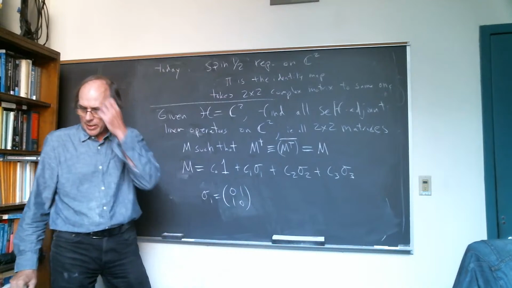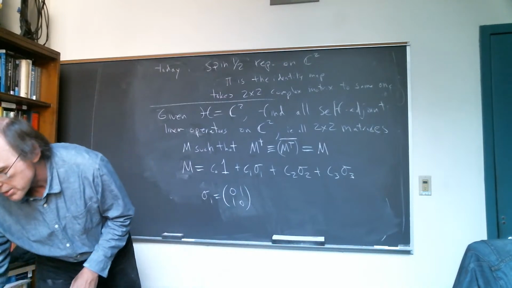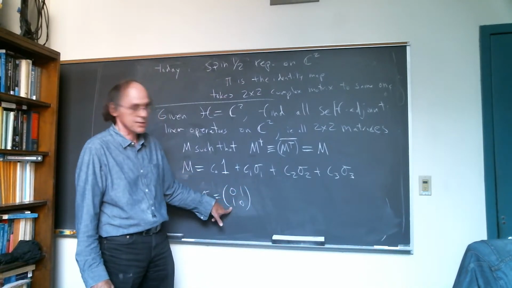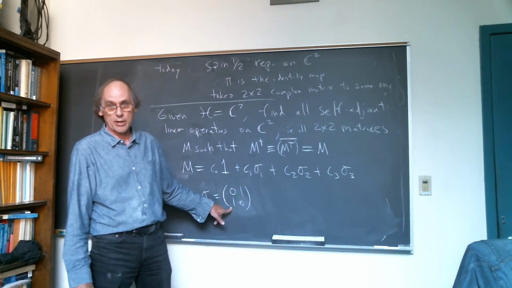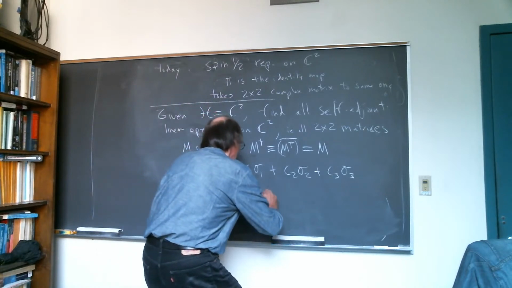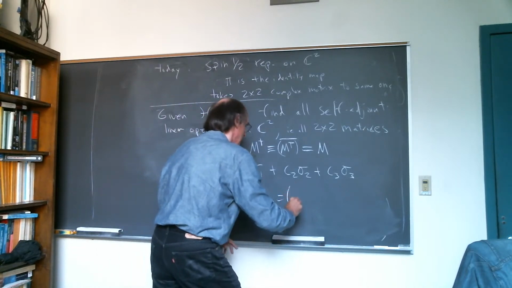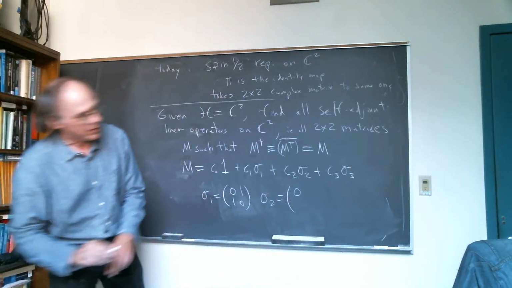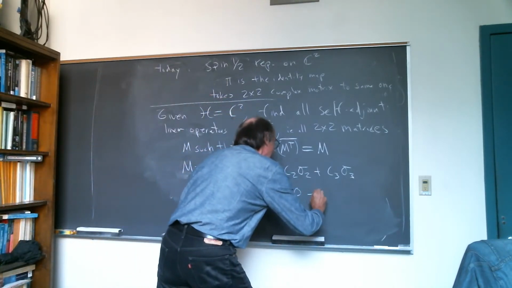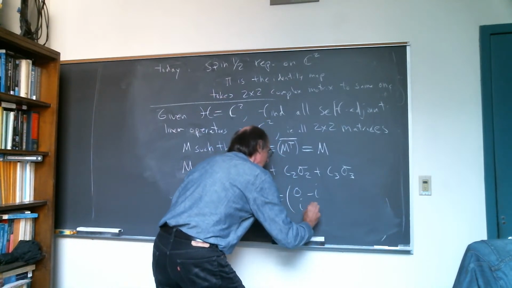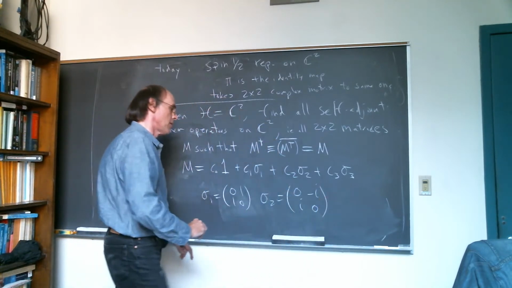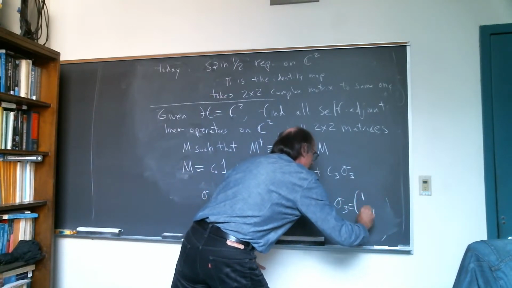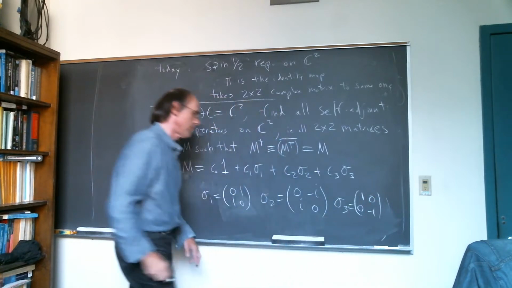You can see he's obviously self-adjoint, because if you transpose him, you get the same thing, and he's real. And then there's sigma 2, and he's this guy. Oh, I'm always going to get the sign wrong. Minus 2. And then there's sigma 3, which is the diagonal one.